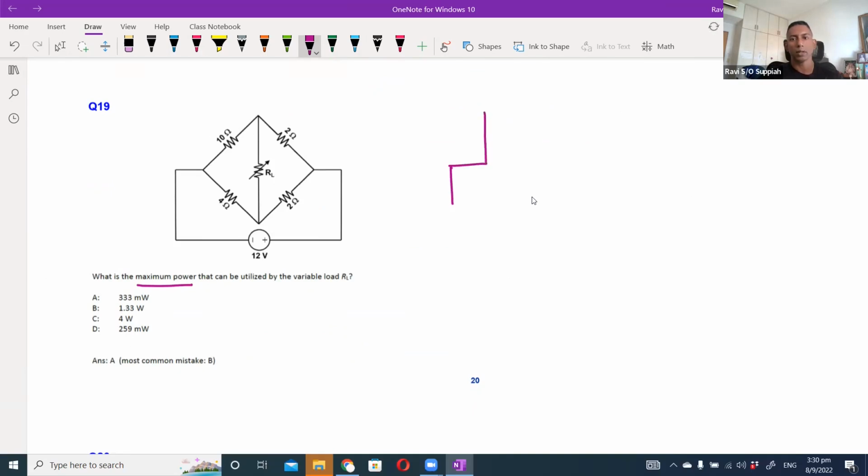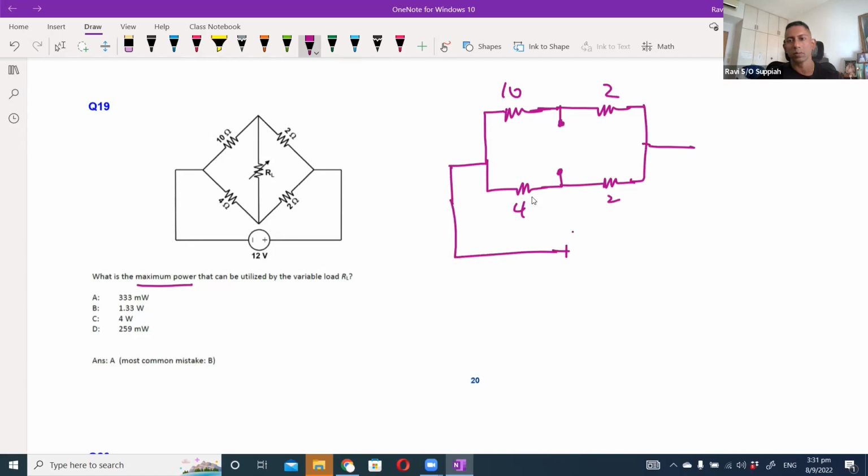So you have a 10 ohm resistor here, 2 ohm resistor, 4 ohm, 2 ohm, 12 ohm.